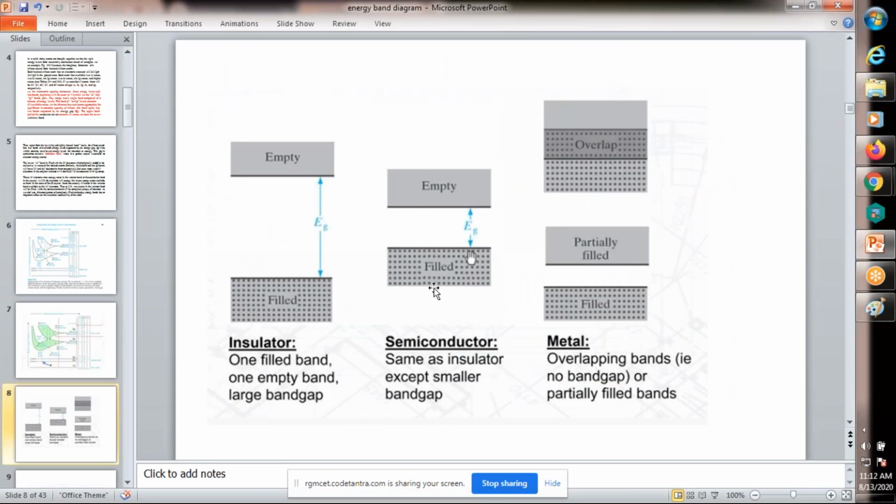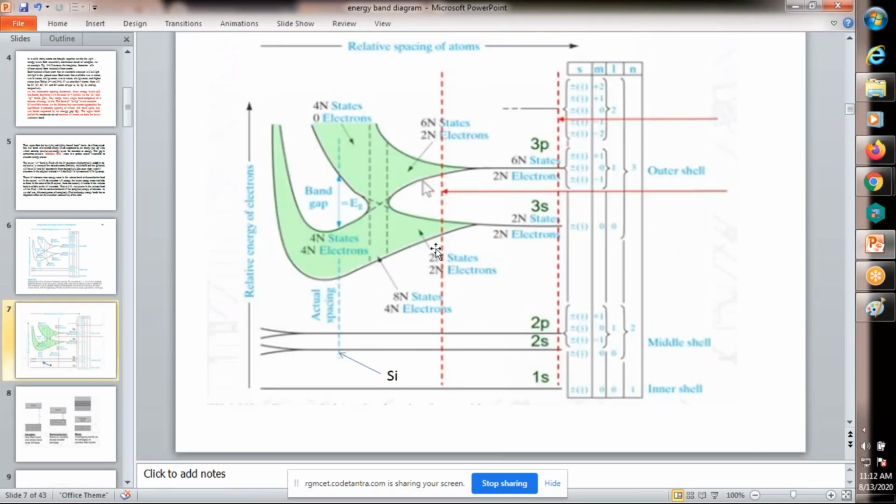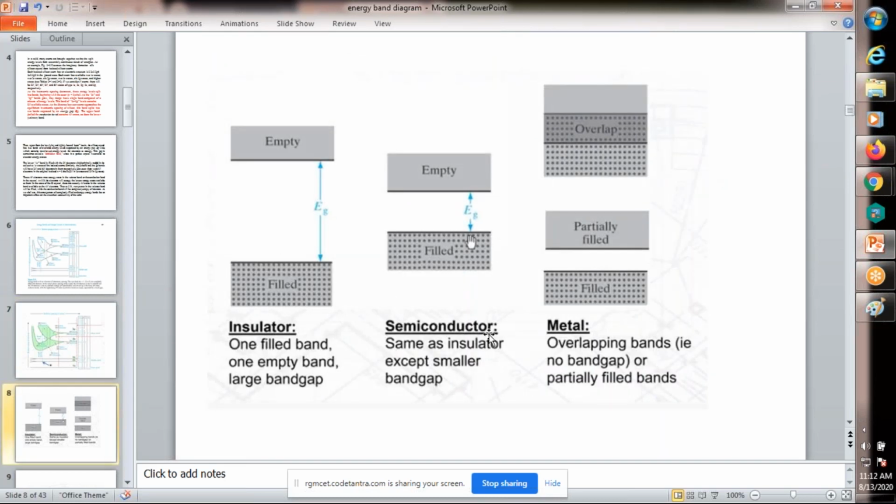Okay, and finally, each and every time there is no need to draw this type of diagram, right? So we can simply represent it like this. Any band diagram consists of a valence band that is completely filled with electrons, and a conduction band that is empty for insulators.